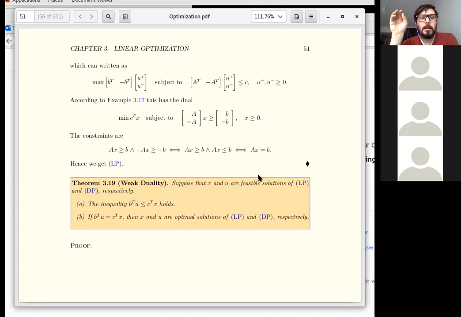And if it just so happens that we find a U such that B transpose U is equal to C transpose X for some X and U, then X is now a solution to the original LP problem, the primal, and U will now be a solution to the dual problem.